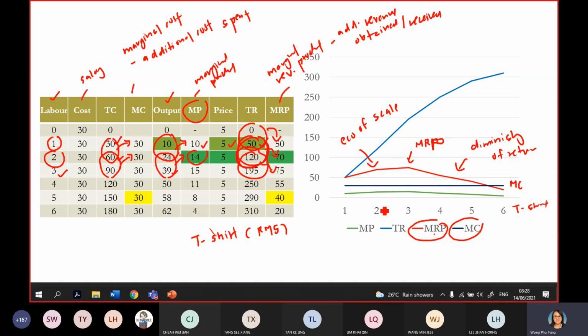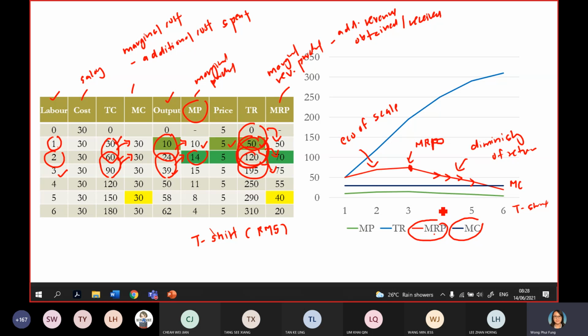Which means that we use the resources, labor, land, capital, and so on, more efficiently. And that is the reason why you can see the increase. But up to a certain point, it starts to fall. When you produce more t-shirts, you can see your revenue start to fall. Why? Because of the law of diminishing returns.